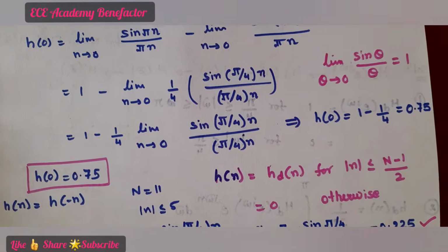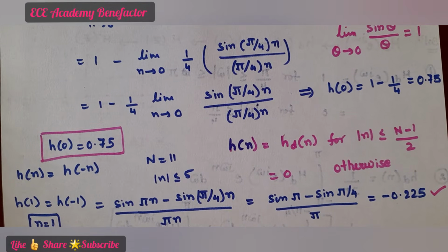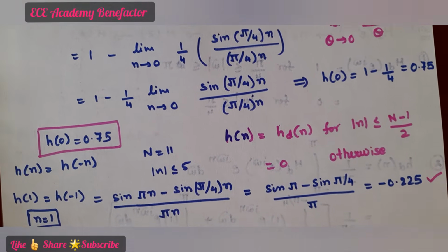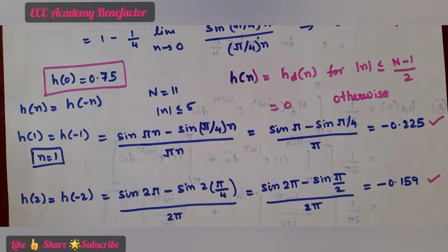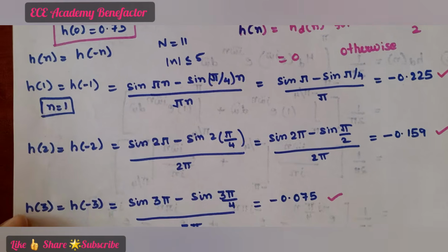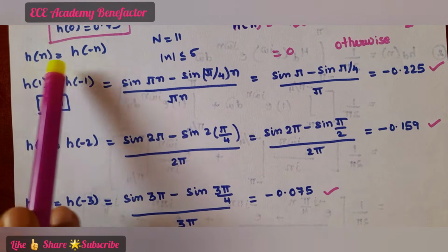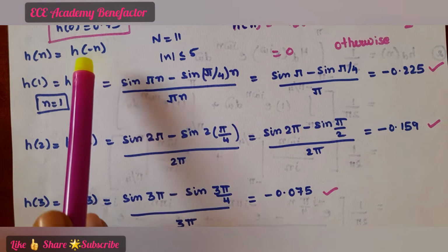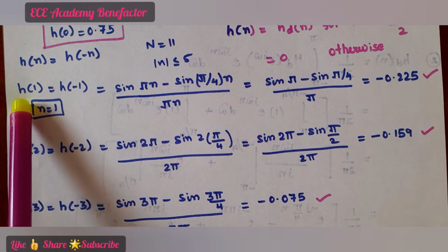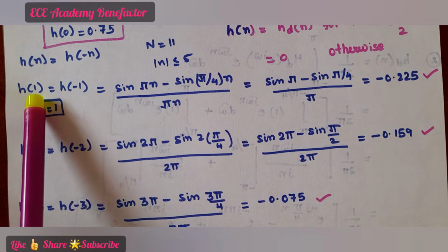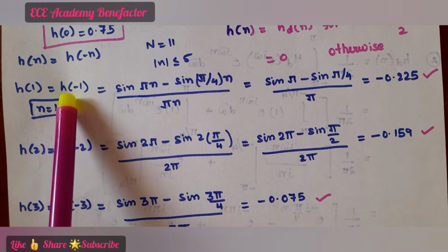Okay, next step. So, this limit part is only for h of 0. Coming to h of 1, h of 2, h of 3, h of 4, h of 5, we can directly substitute n value as 1, 2, 3, 4, 5. For symmetrical response, we know h of n is equal to h of minus n. So, what is h of 1? h of 1 will be equal to h of minus 1.